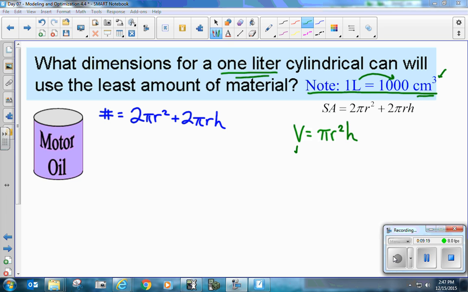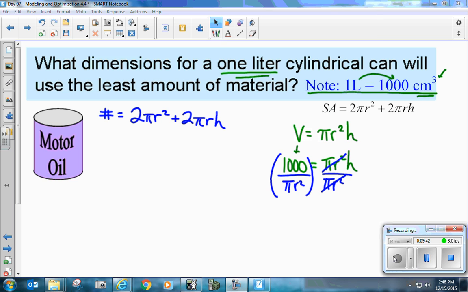So I'm going to make my volume, instead of 1 liter, 1,000 centimeters cubed. All right? I will not write the label on until after we're done doing the math. That equals pi r squared h. Well, if I want to get the h alone, I'll just divide by pi r squared. Divide it by pi r squared. This is what's equal to h.